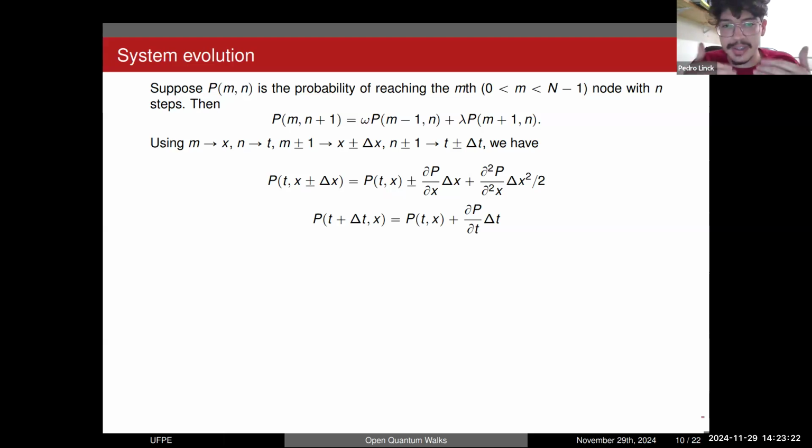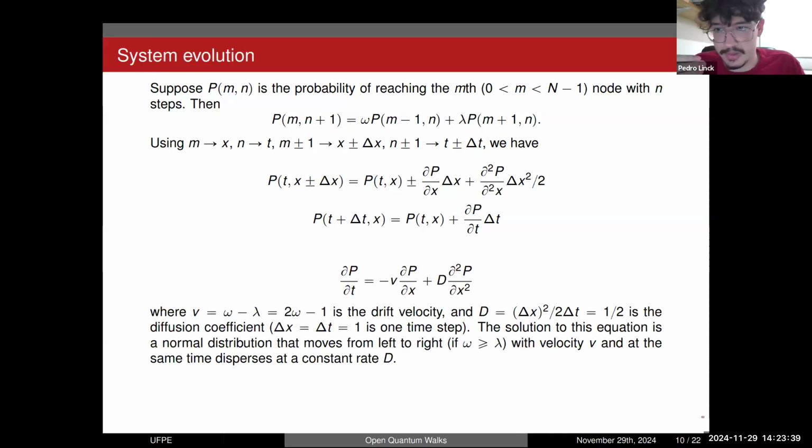Okay, when you take these 2 expansions and put them in this master equation, we have an extremely common equation in physics, which is the Fokker-Planck equation. And this velocity v is omega minus lambda. It's a drift velocity.